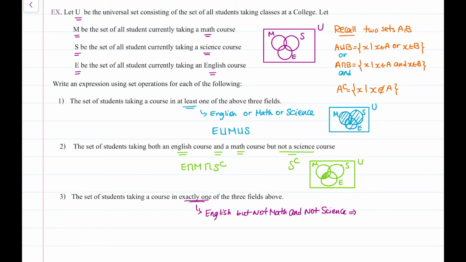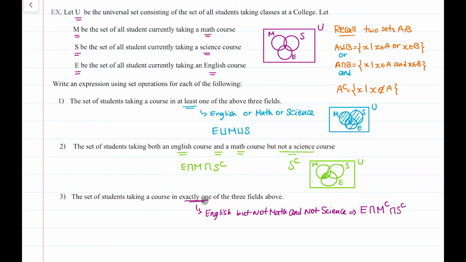Which means they're taking English and they shouldn't take math. So, and means intersection. They don't take math and they don't take science.